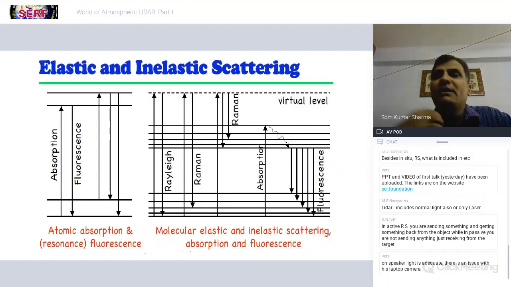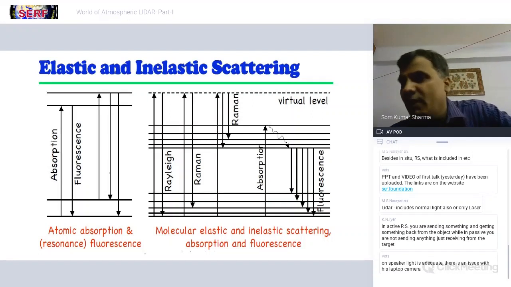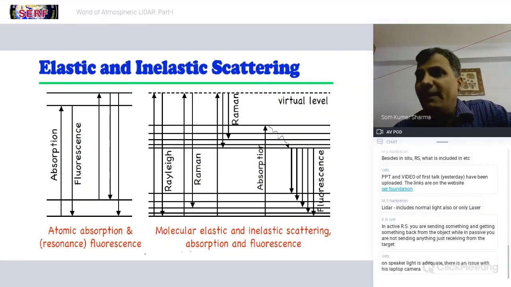And as I told, Raman scattering is an entirely different thing, discovered by Professor C.V. Raman, who was awarded the Nobel Prize for the discovery of the Raman effect.